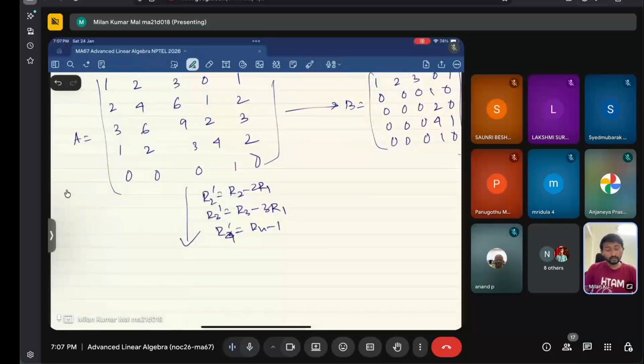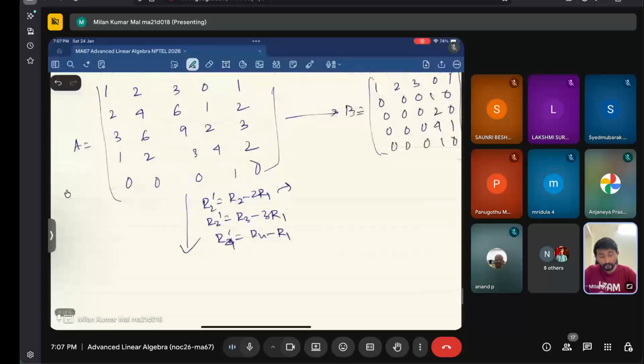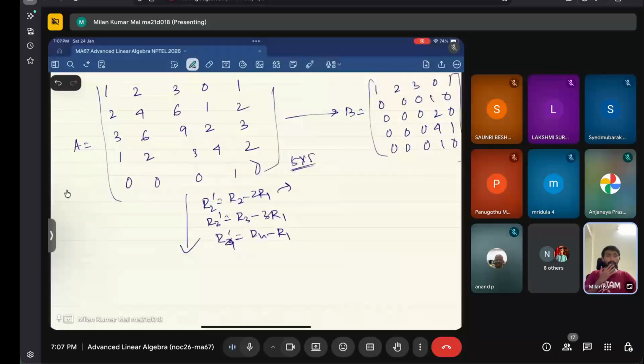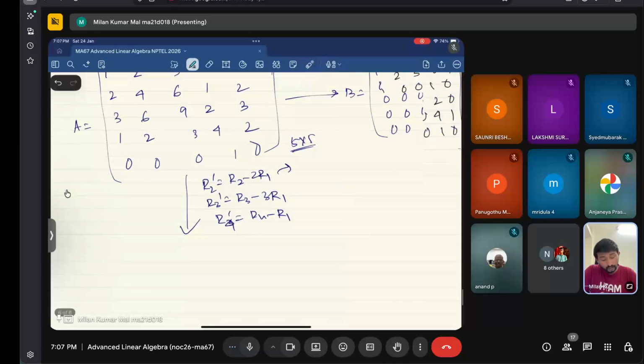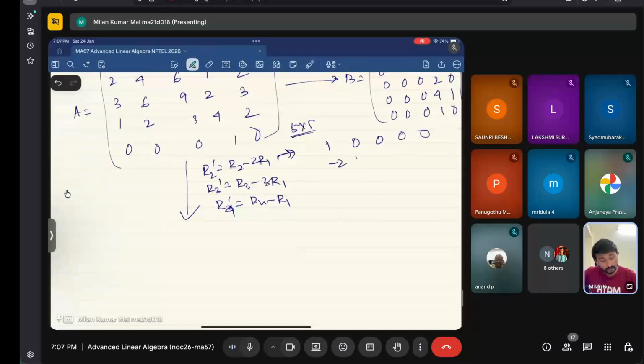Each of these operations gives an elementary matrix, right? And here we have 5 by 5 matrices, so each of them corresponds to an elementary matrix. The first will correspond to the elementary matrix 1 0 0 0 0, then R2 replaced by minus 2, so minus 2 1 0 0 0.